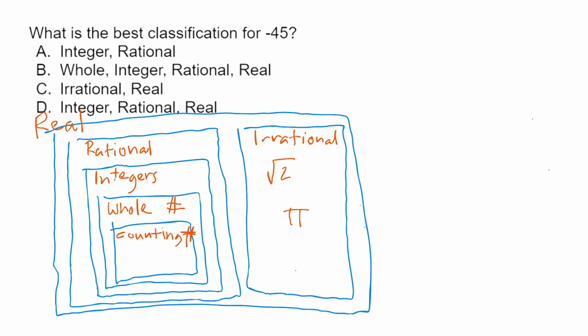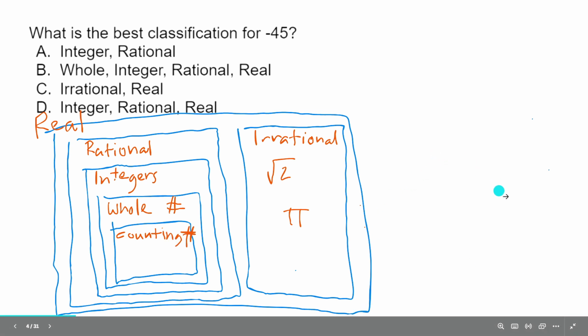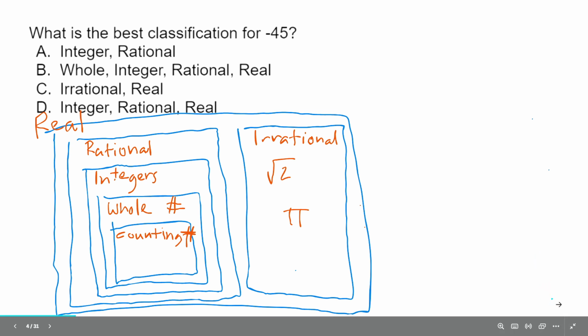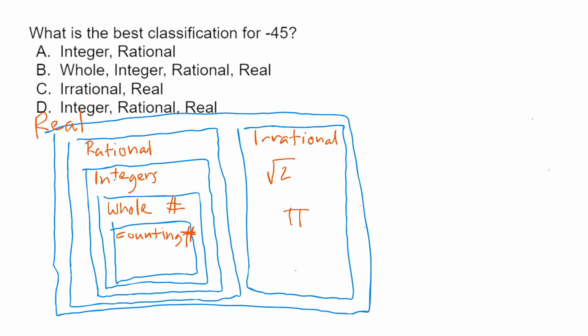I'm not gonna put that many examples here anymore, but you can refer to your notes. Examples of counting numbers are 1, 2, 3, 4, 5. For whole numbers, you have 0, 1, 2, 3, 4. Again, this is in your notes and also in the slides, so please double check. Integers have examples like negative 3, negative 2, negative 1, 0, 1, 2, 3. For rational numbers, we already have the decimals and the fractions.